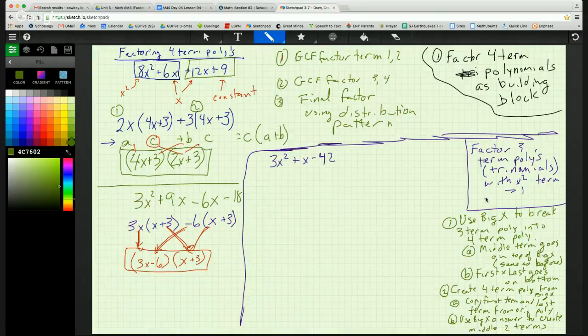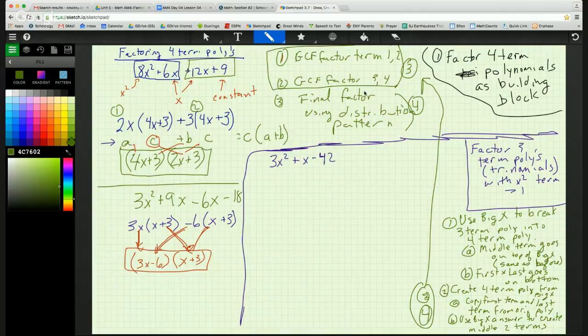And then steps 3 and 4 are the same as these two. I call this step 3, and I call this step 4. Step 3 is you do your GCF factoring. And I kind of combine that into one. So let's watch how this works.